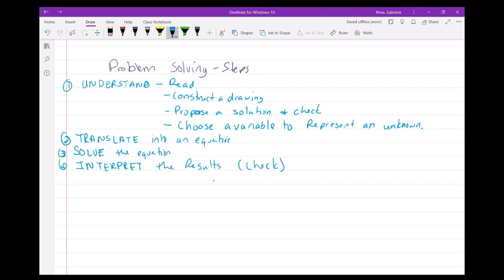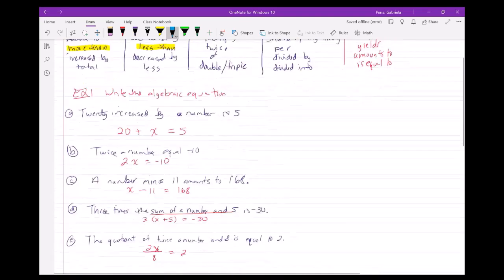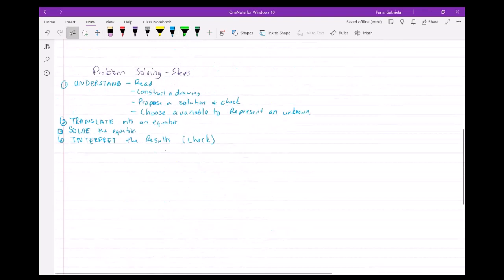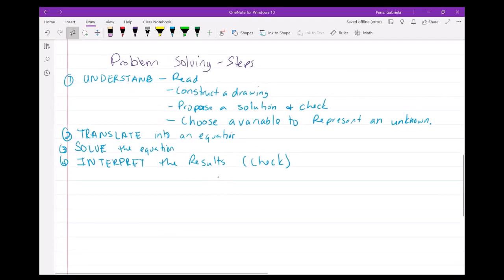So let's look at the following problem. Let me see if we are in example number 2. Make this a little bit bigger. Sometimes the problem is just something simple. We need to find the unknown.